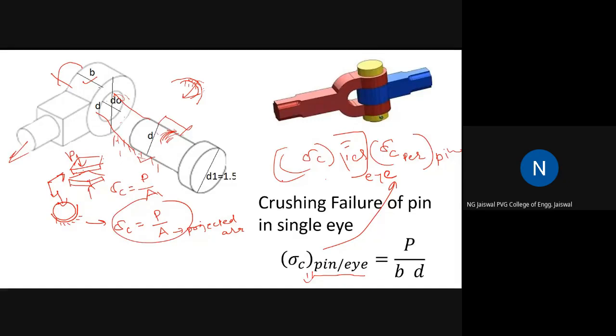And if it fails, which will fail? Either this surface will fail or this surface will fail. It depends on which is weaker material. So if any of the surfaces fails, I will say that it failed under crushing.